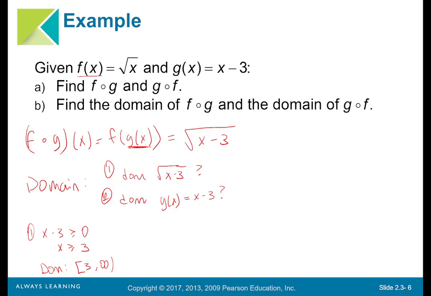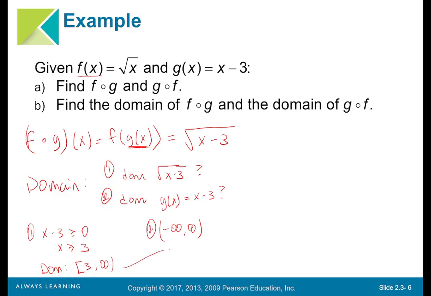Now I'm looking at g of x equals x minus 3. Well, the domain here is, again, it's linear. There's no special things going on here. There's no square root. There's no fraction. So the domain of g of x is just negative infinity to infinity.